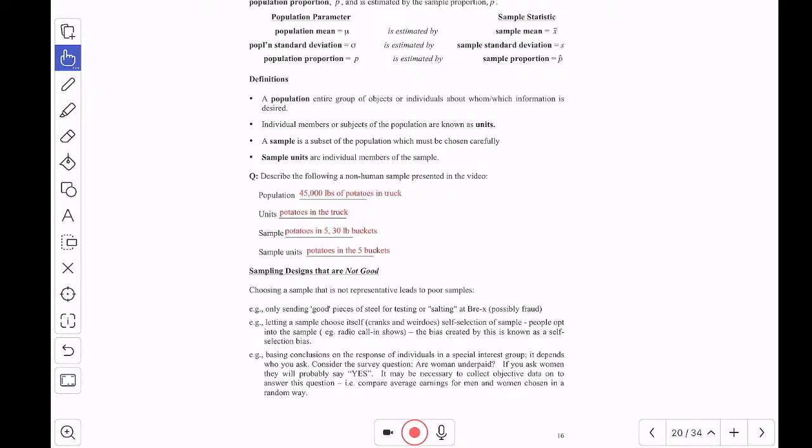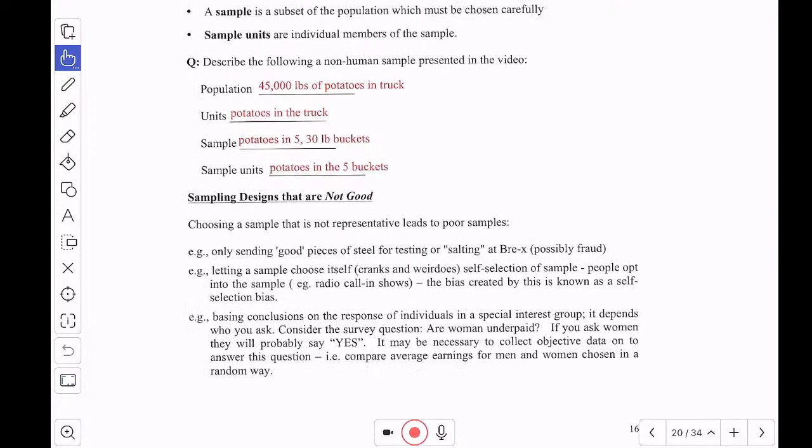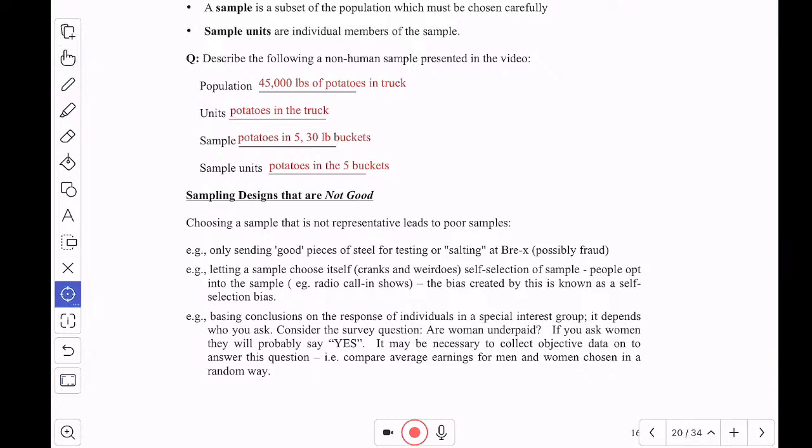We want to be sure to avoid bias in collecting a sample. We don't want to repeatedly pick subjects, but the units that we prefer. So I provide the example of Bre-X, where they were mining for steel or minerals.